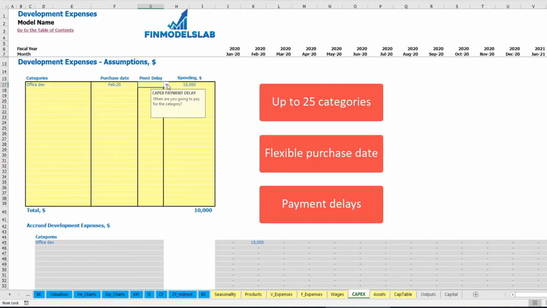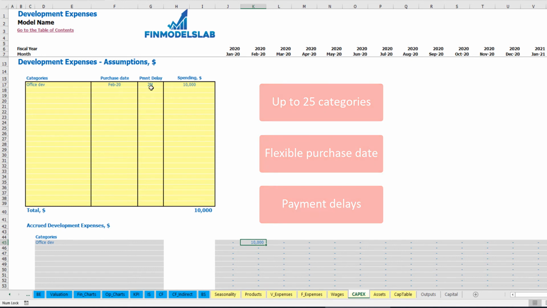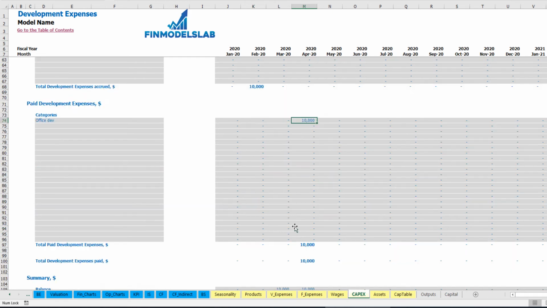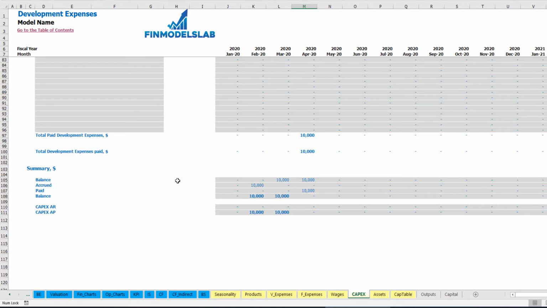What does it mean? Let me set up 2 months, for example. It means that this amount will be accrued in February, because the purchase date is February, but the development expenses will be paid in April 20 for this office development. And you will have some balance of CapEx accounts payable for 2 months.